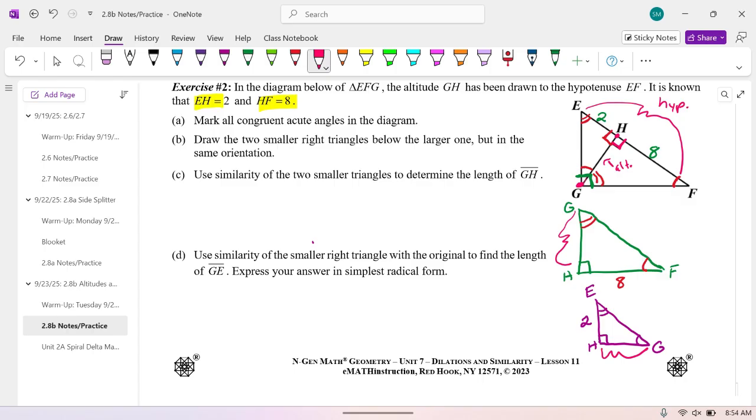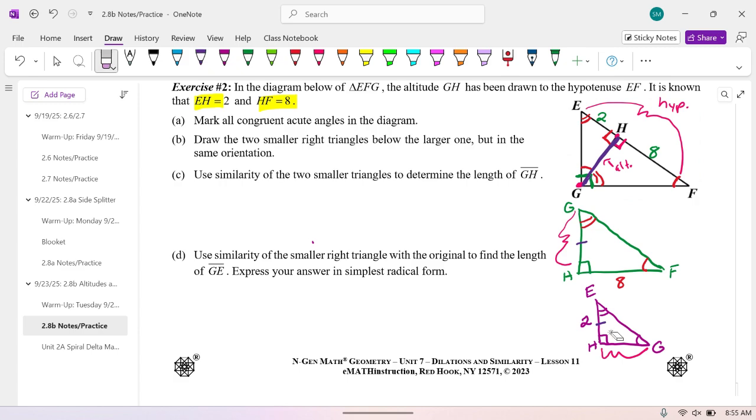So what's kind of a proportion that I can set up? So first off, if we know that GH is the same GH from the purple triangle to the green triangle, that means they're what? So GH for both triangles are what? Because they're the same side. They're congruent. So since they originally came from the same side, they have to be congruent to each other.